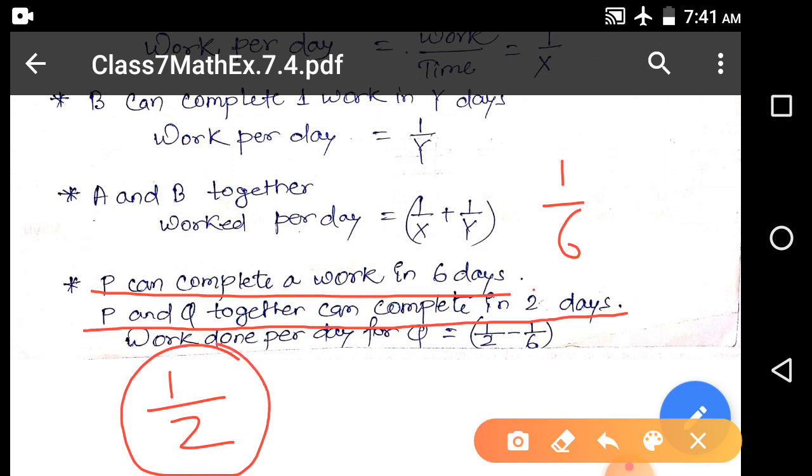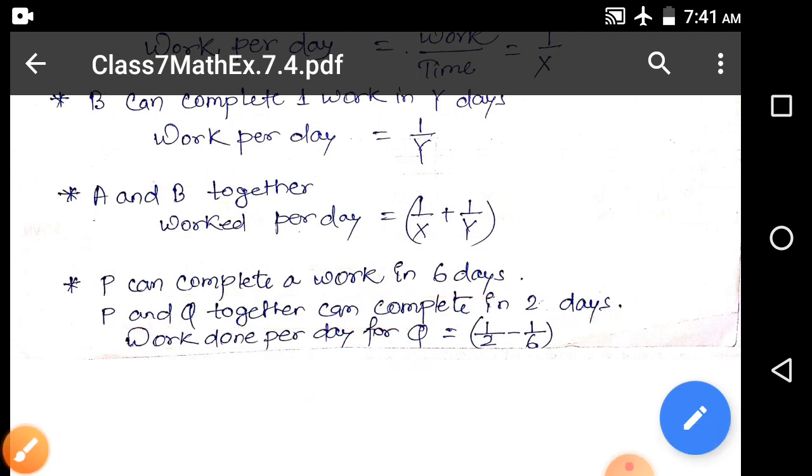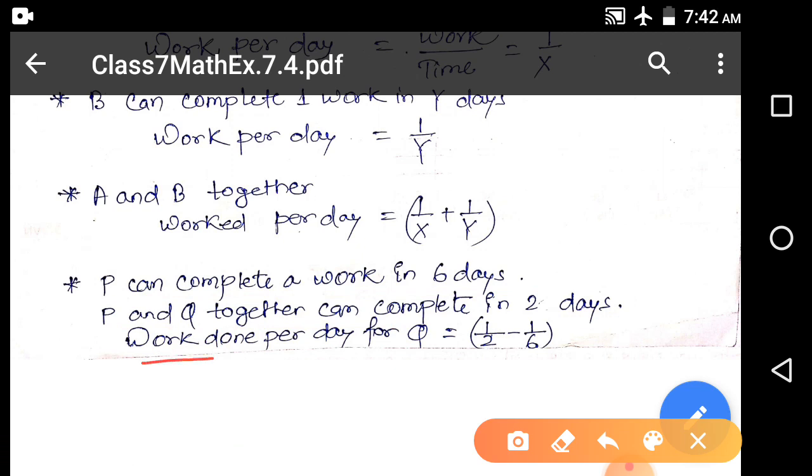Now we have to find the work done. Remember those two values. We have to find the work done per day by Q. We have the work done by P in 1 day as 1 by 6, and when both work together, the part of work completed is 1 by 2.